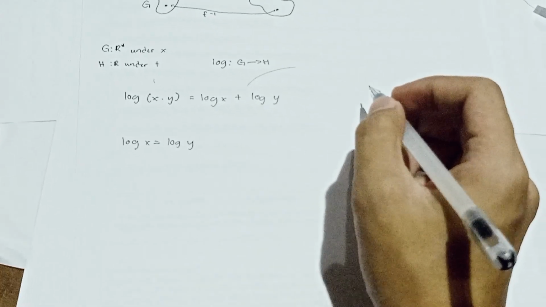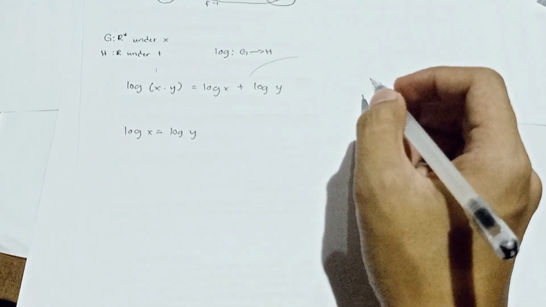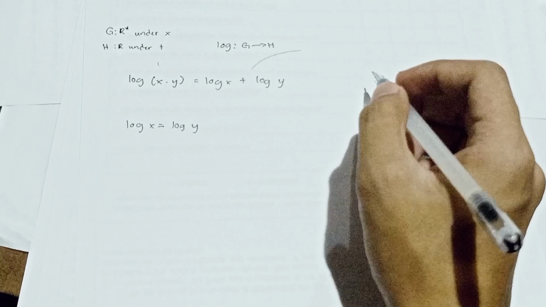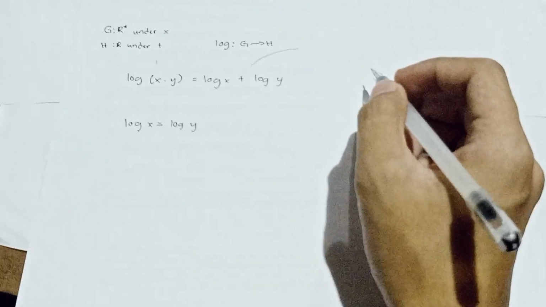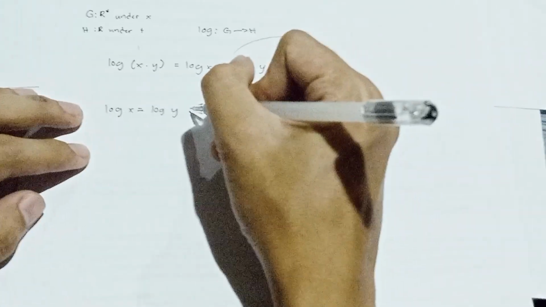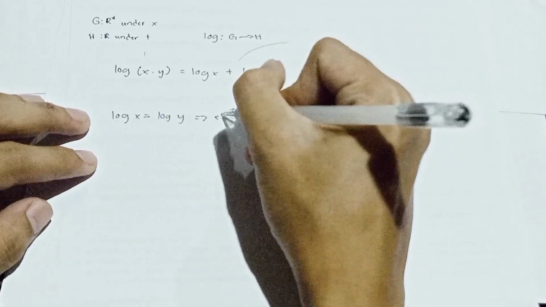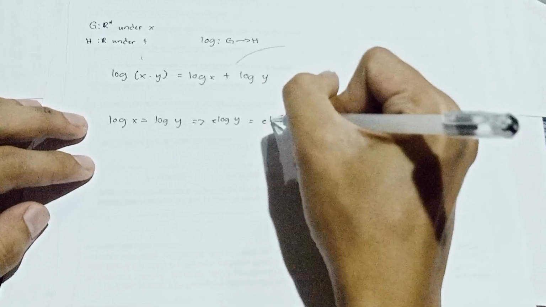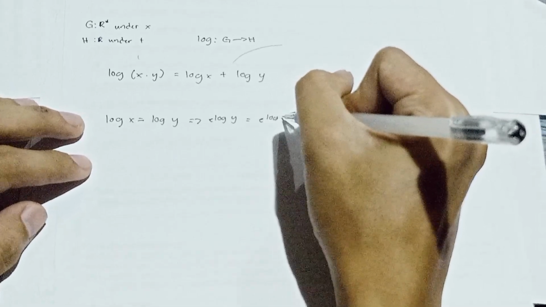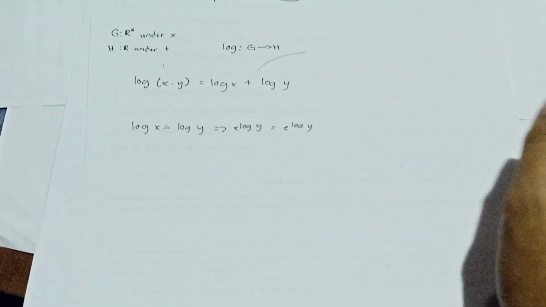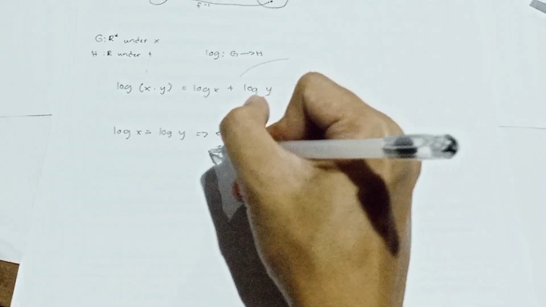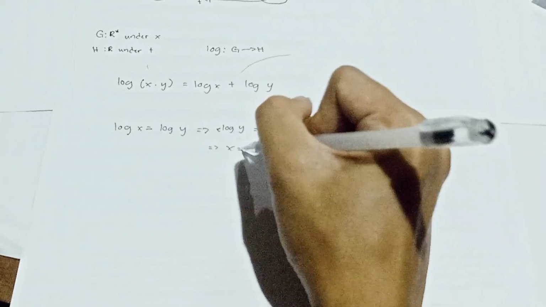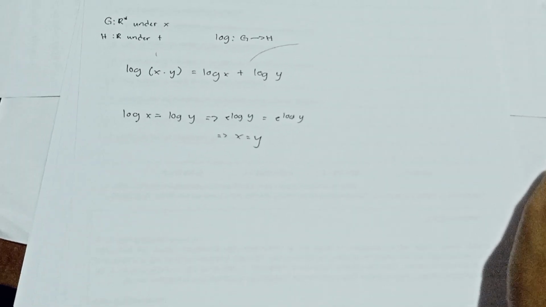Since the logs are equal, e to each power is equal, so let's simplify. This becomes x is equal to y.